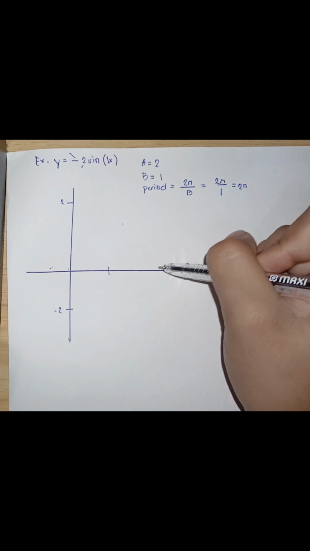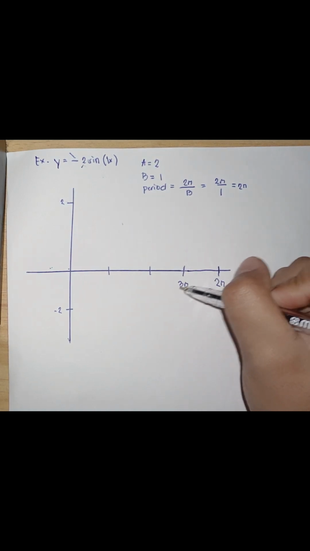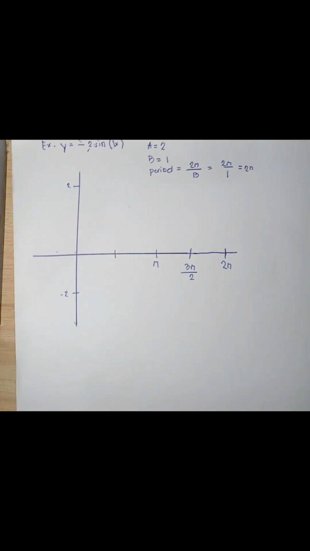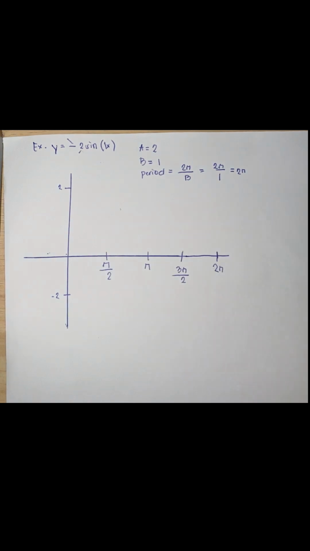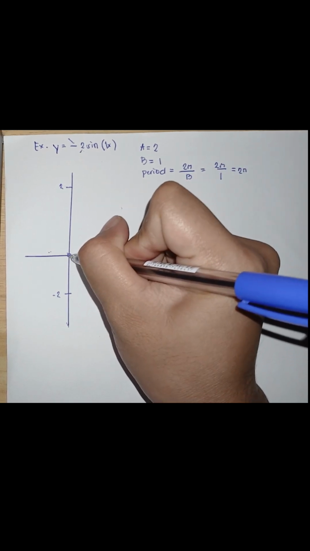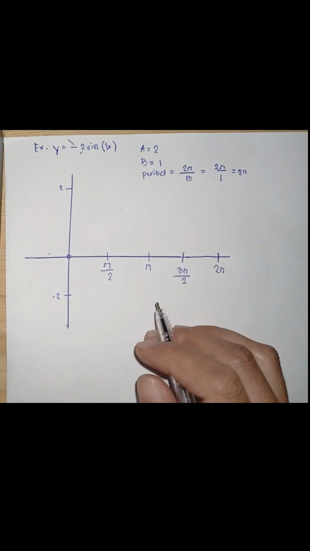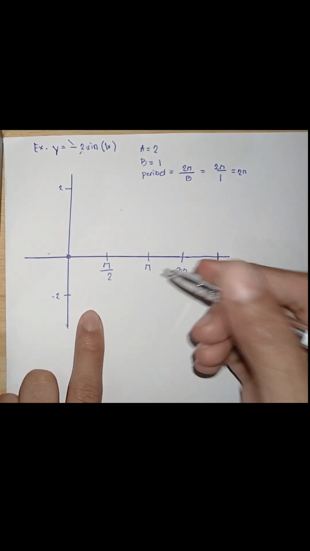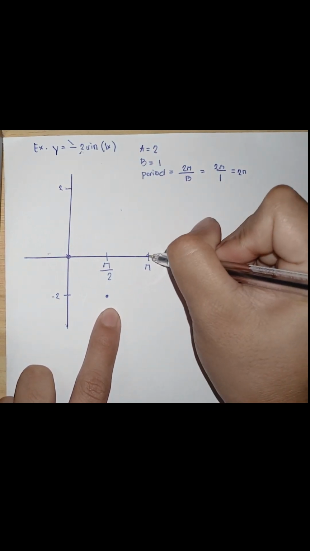So let's cut it here into quarters. We have the 3 pi over 2, the pi, and the pi over 2. Starting from the 0 point, we have the amplitude here and here.